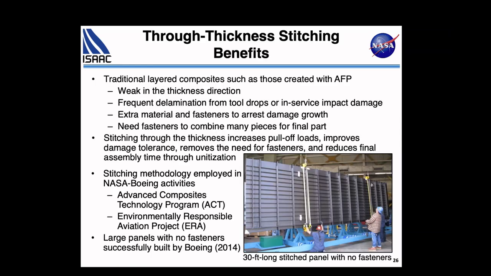Now, through thickness stitching. Changing gears here, we want to address the problem of the weakness in the thickness direction. With AFP, all you've got through the thickness is resin. You have to come back in and build in lots of fasteners to keep those layers from separating in the real world.